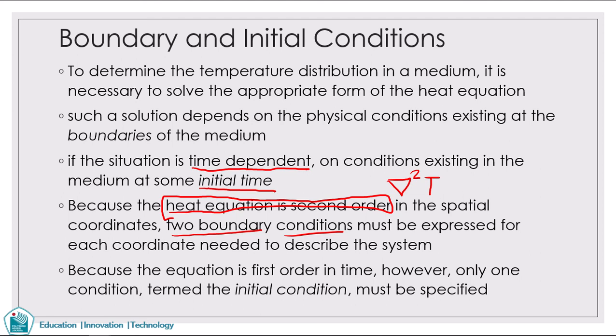Now I would like to talk about the three kinds of boundary conditions commonly encountered in heat transfer. The conditions are specified at the surface x equal to 0 for a one-dimensional system, and the heat transfer is always in the positive x direction.